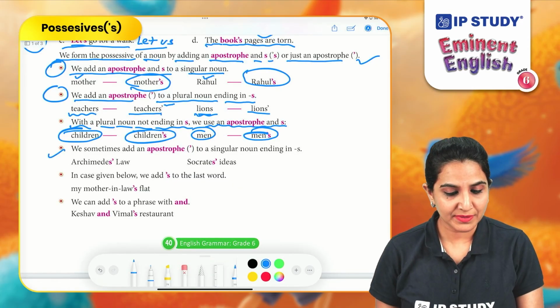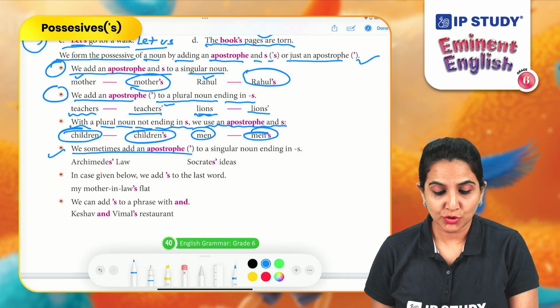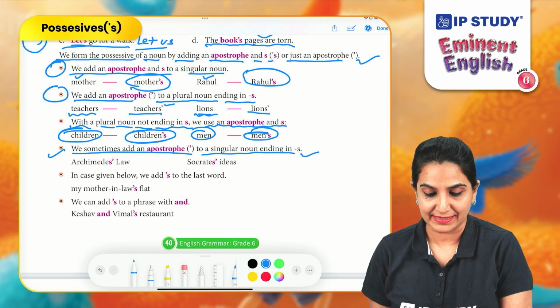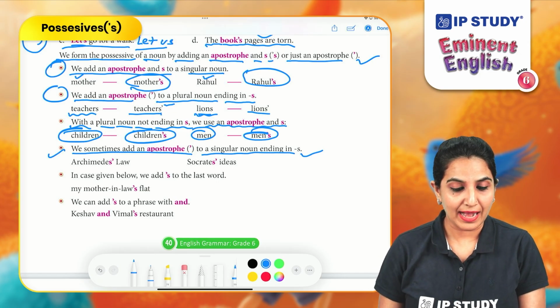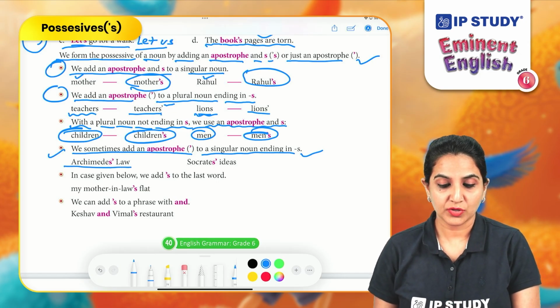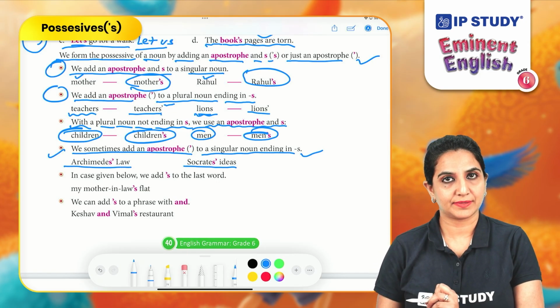We sometimes add an apostrophe to a singular noun ending in S as well, like Archimedes' law, Socrates' ideas.